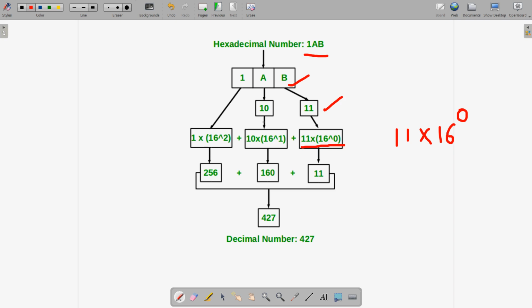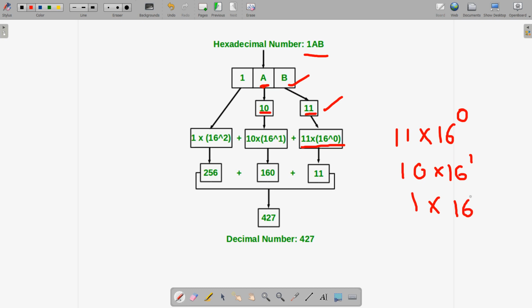Then it is written 10 into 16 power 1. And after that we are having 1. Why we have taken 10? 10 was taken in the place of A. So A and B are now replaced by the values 10 and 11. Now 1 is multiplied with 16 power 2.